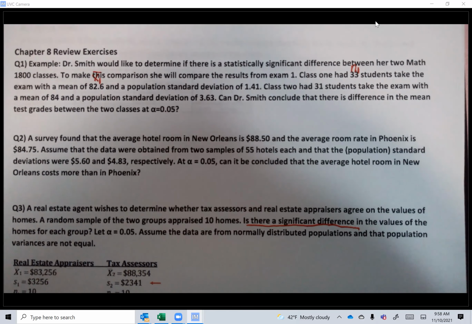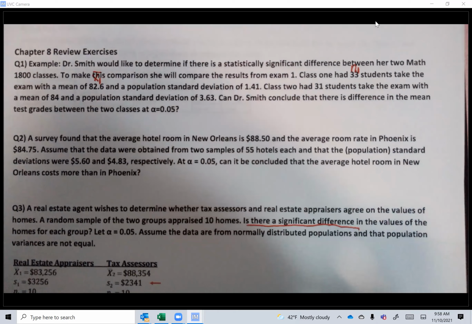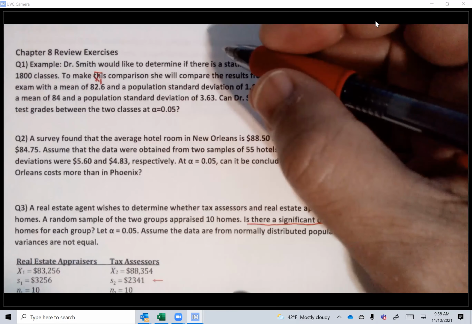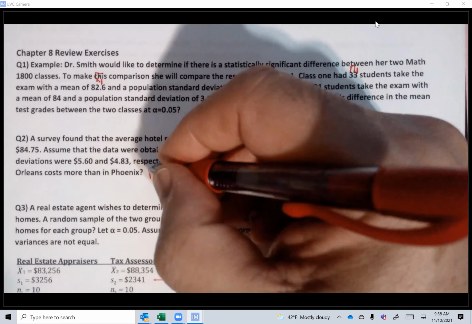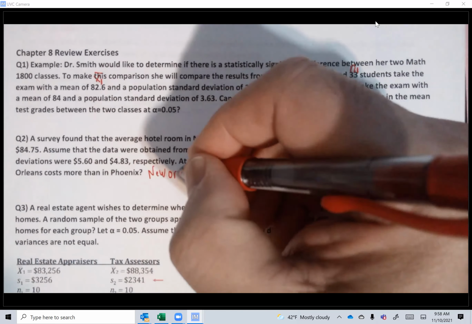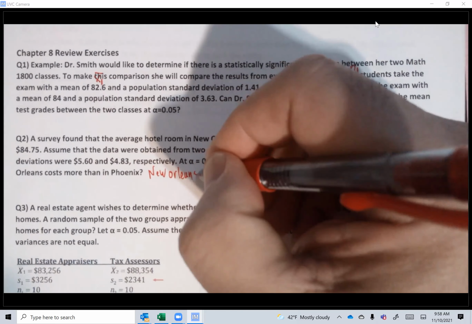At alpha equal 5%, can it be concluded that the average hotel room in New Orleans costs more than in Phoenix? So New Orleans, and that's Phoenix.